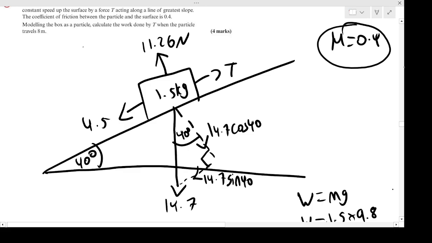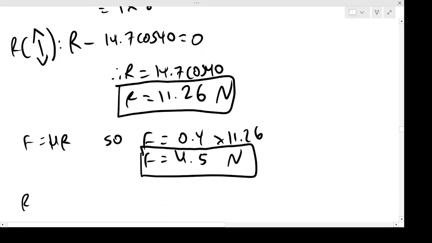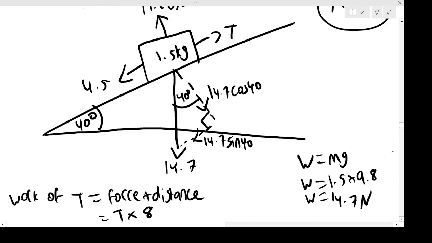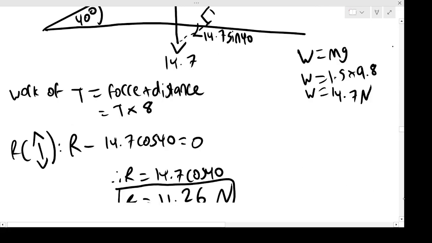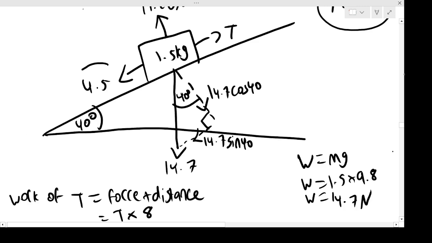Now we're going to be looking at the forces that are along the surface, the forces in this sort of direction. Firstly, we've got my T force. Then we've got this friction, this 4.5, acting the other way.